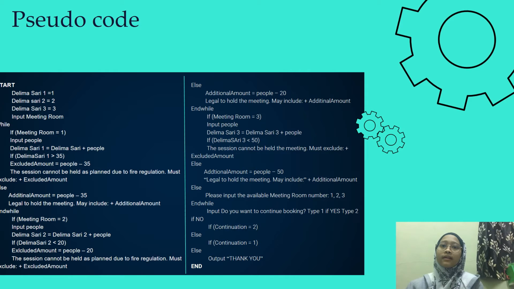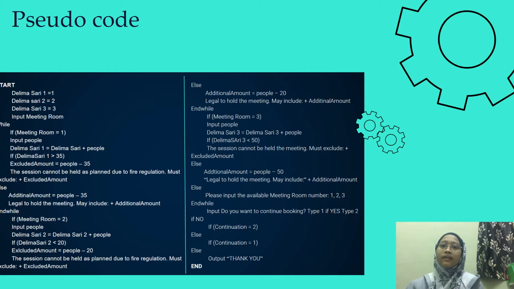And while if meeting room 2, input people, Delima Sari 2 equals Delima Sari 2 plus people, if Delima Sari 2 is over 20, excluded amount equals people minus 20. The session cannot be held as planned due to fire regulation, must exclude excluded amount. Else additional amount equals 20 minus people.